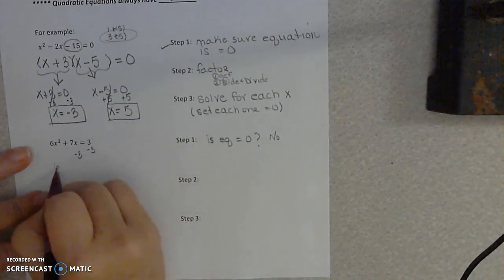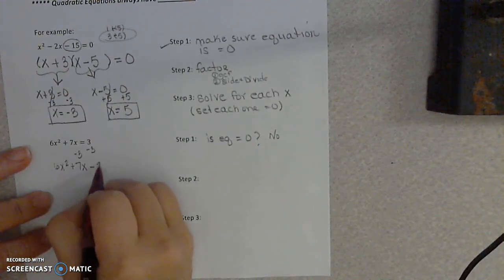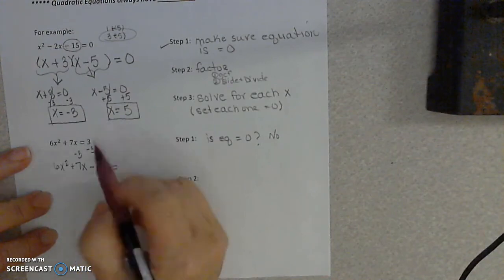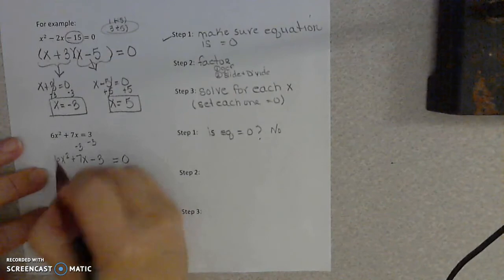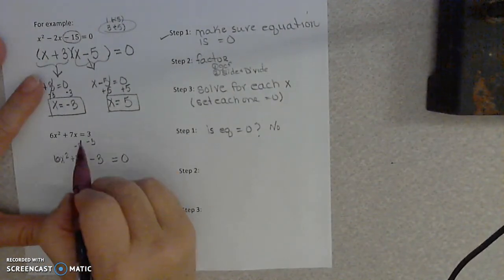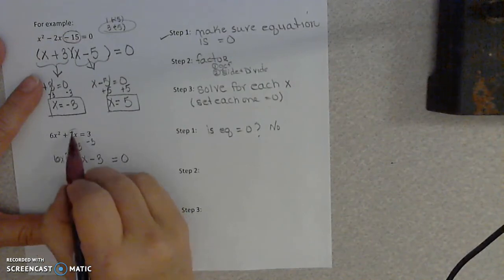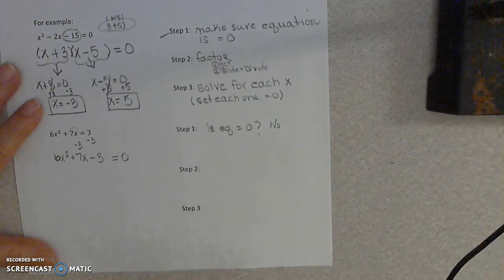So over here, we would have 6x squared plus 7x minus 3. And 3 minus 3 is 0. So we just made it equal to 0 by moving the 3. Be careful, these are not like terms, so you cannot add or subtract these. All right, now it is.